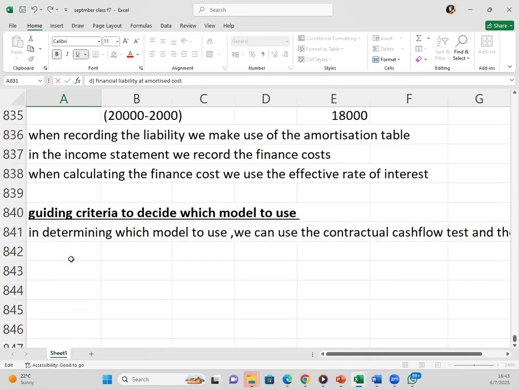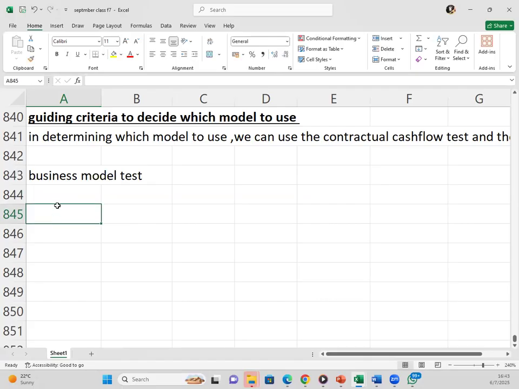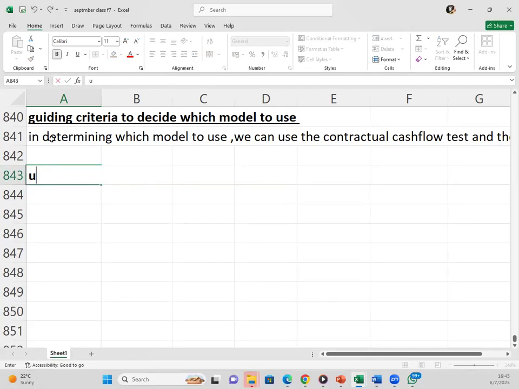So let's start with the first one, the business model test.